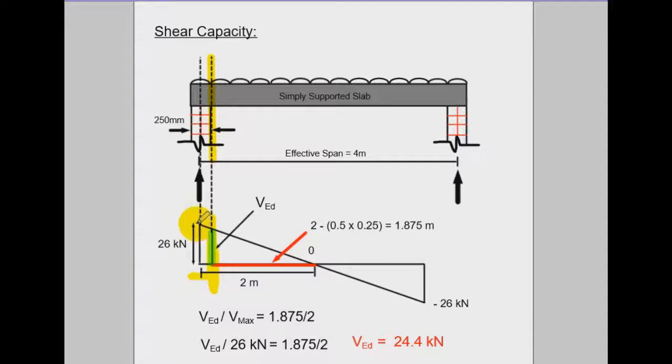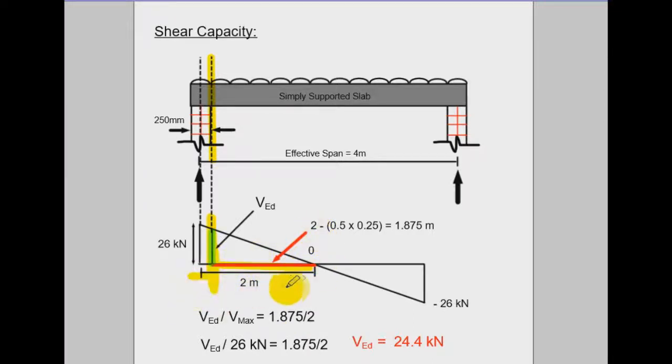Okay, and we have the maximum shear force, and the one that we have to find out, which is VED. So VED, the small one, over the maximum, the big one. And then we have the small one, this distance. You can work it out very easily.